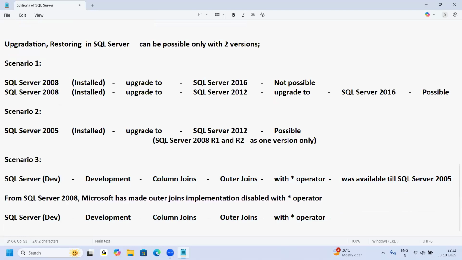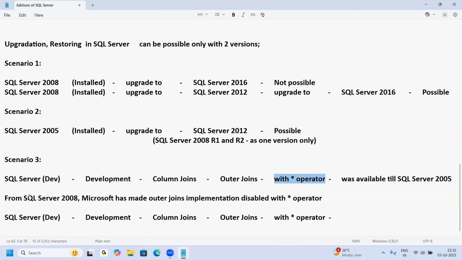Here is something I said in the above statement, and now I'm changing the sentence again. I said column joins with outer joins implemented with star operator is available in 2005, 2008, 2012, but now I am contradicting that statement.